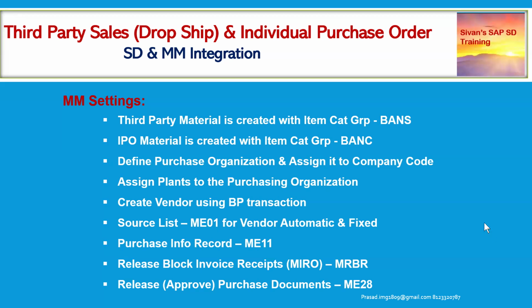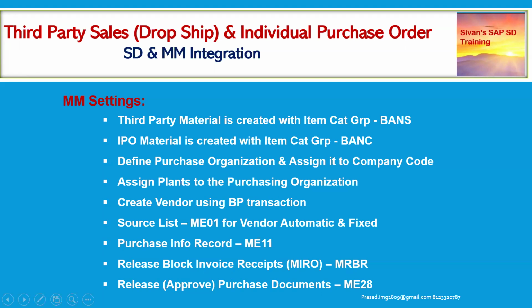And these two are optional, like release block invoice receipts, that is MIRO. Since it is a practice system, many people are doing so many backend settings when they are practicing. At that time, it will give you so many errors. So whenever the invoice receipt goes to block, at that time we need to release the invoice receipt, that is the MIRO document, using the transaction code MRBR.